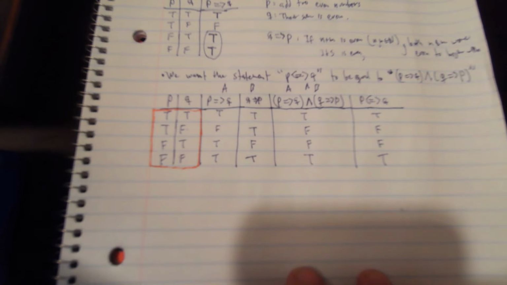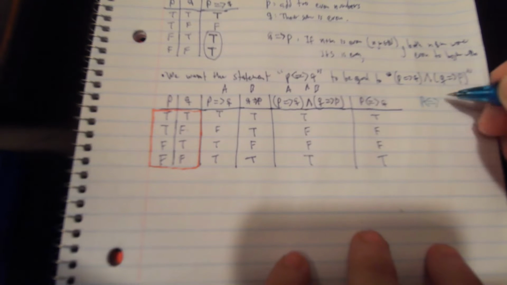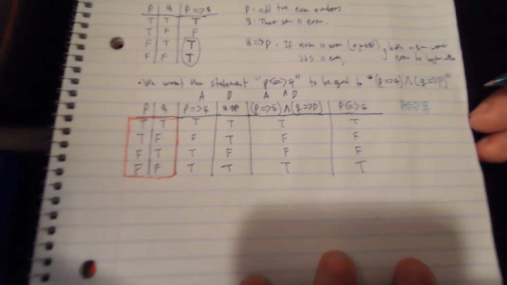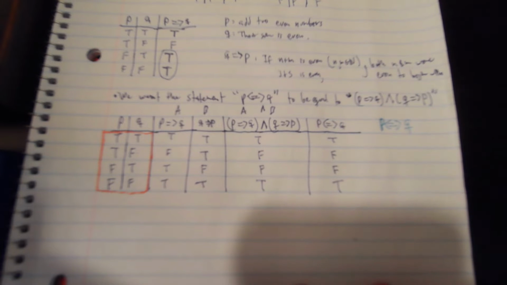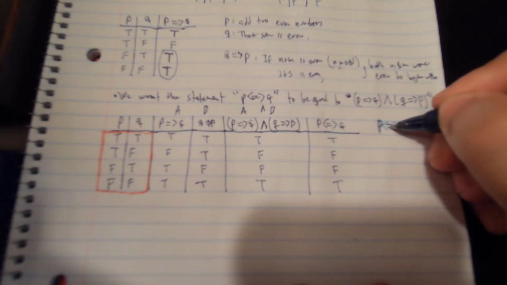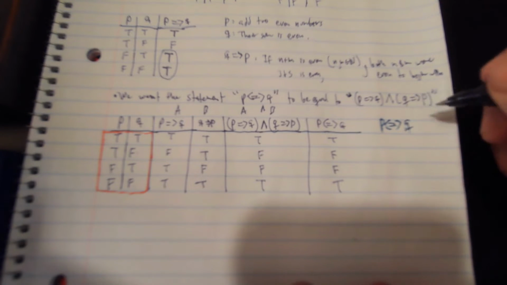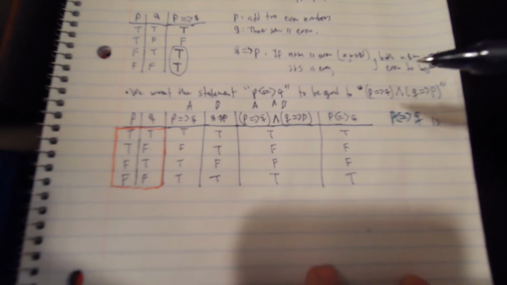So how can we summarize what we just found out? Basically, the statement P if and only if Q, what are we trying to say?